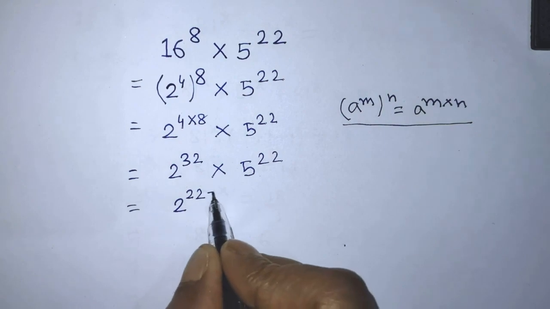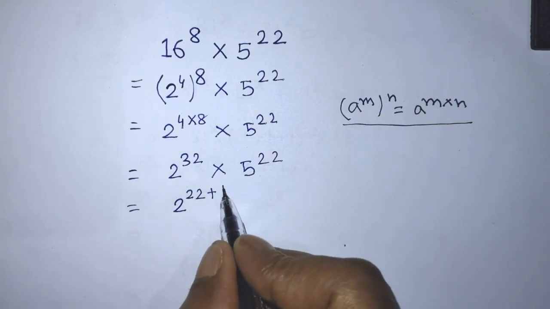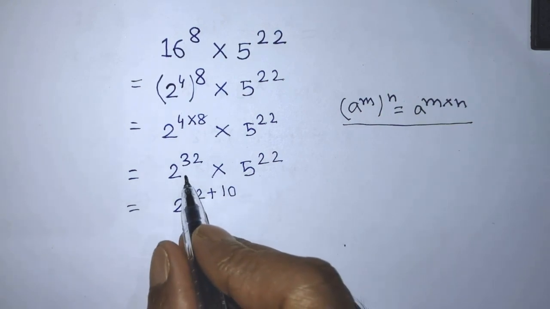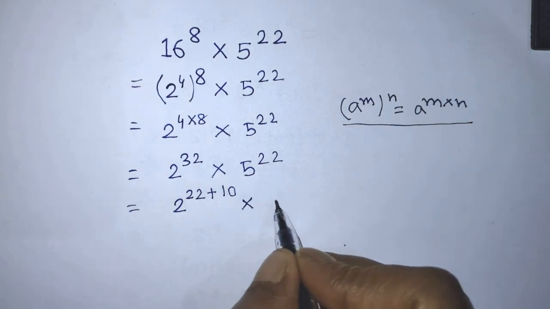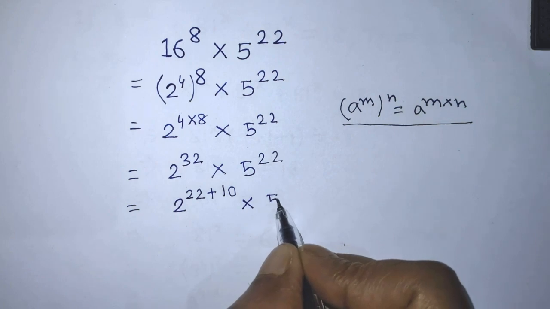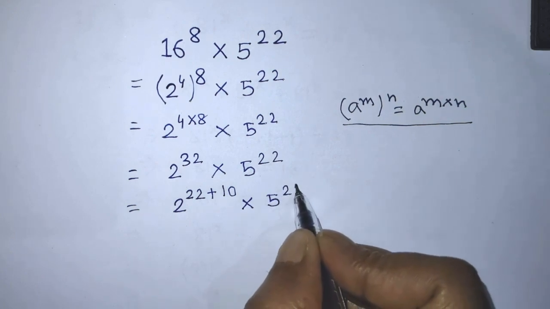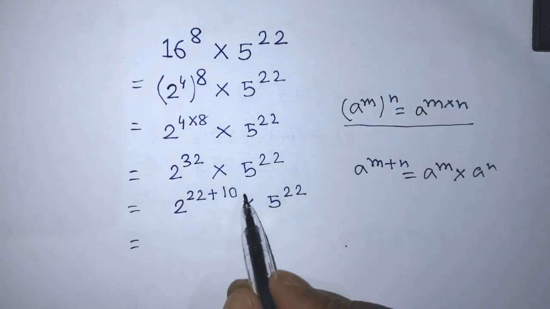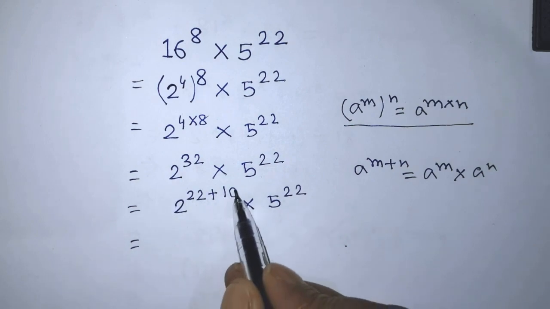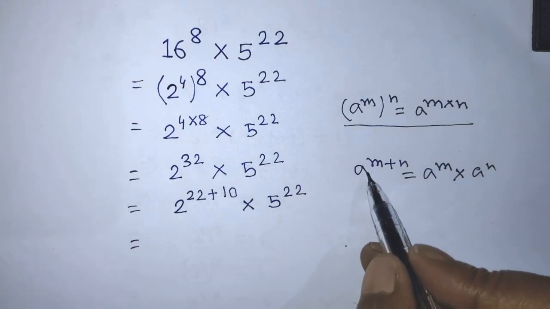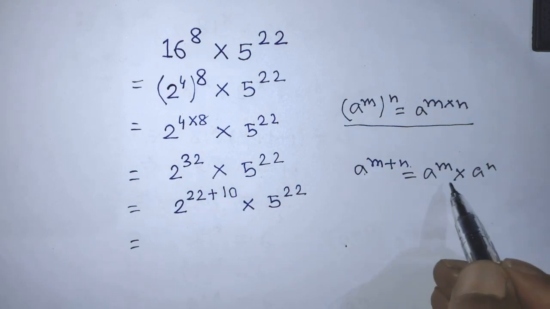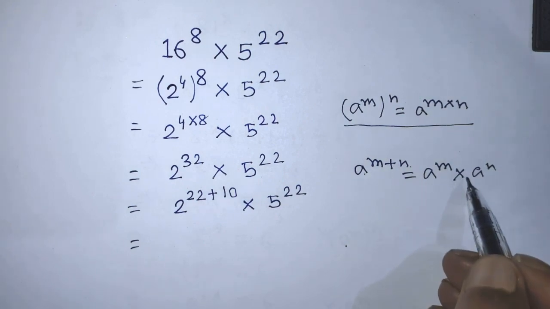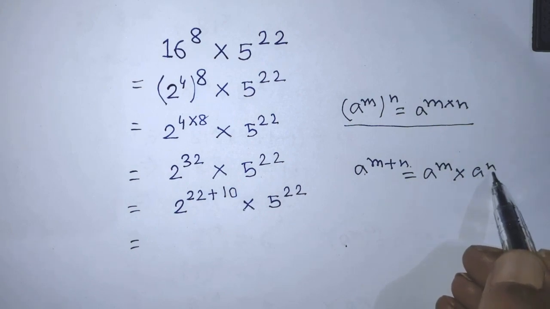Now we can write 2 to the power 22 plus 10 in the place of 2 to the power 32, multiplied by 5 to the power 22. To simplify this exponential form we have to apply the formula a to the power m plus n is equal to a to the power m multiplied by a to the power n.